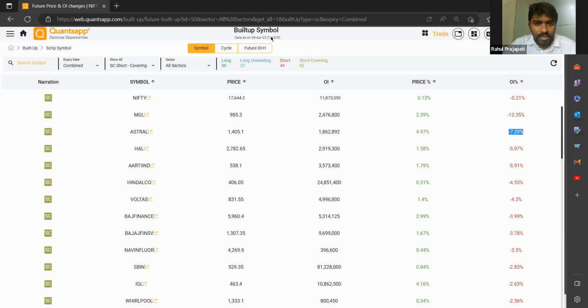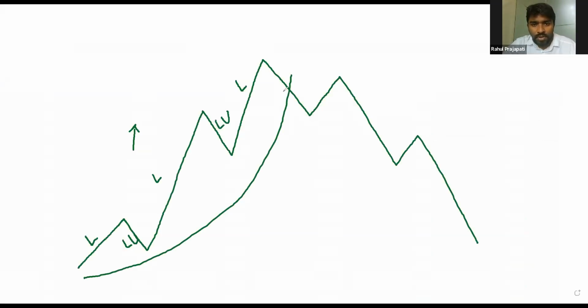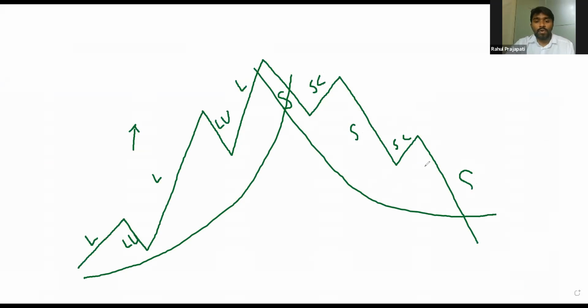If I come back to the diagram, when the market falls, it should be short, and when the market shows profit booking, it's short covering. Again it's a short. When the market is coming down, it's a downtrend and it follows a short and short covering cycle.